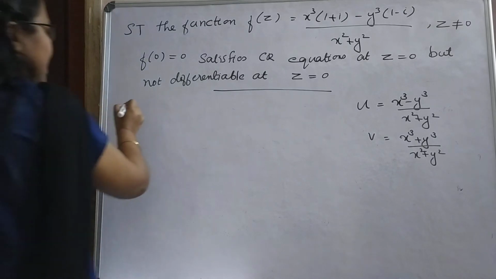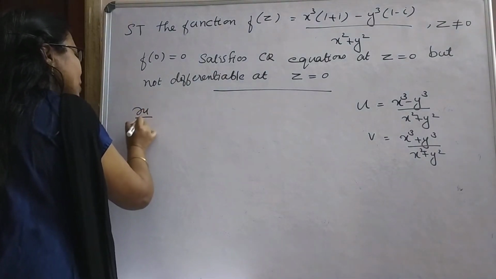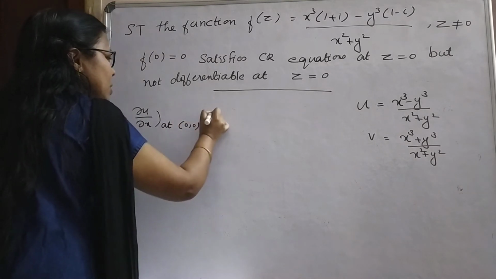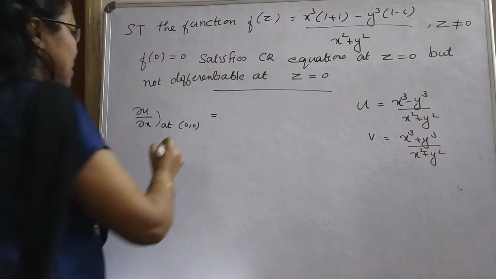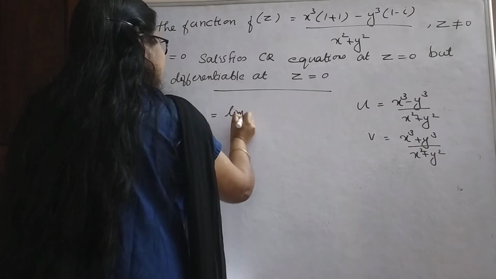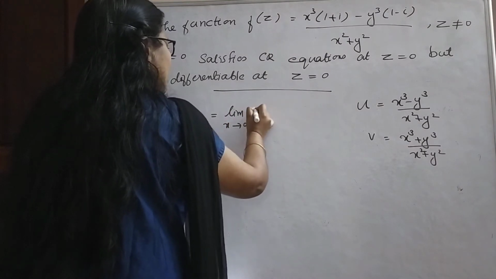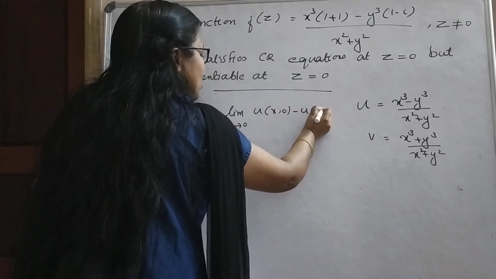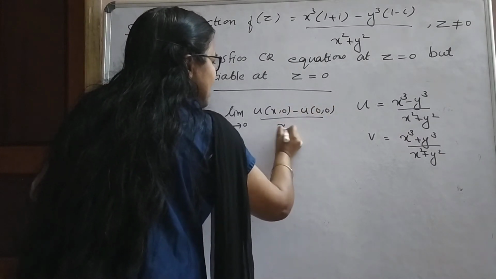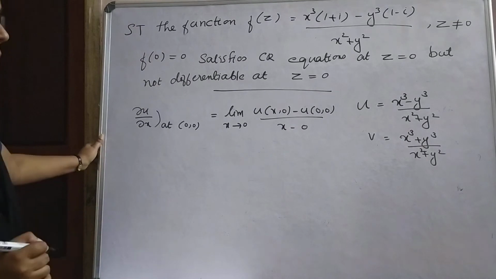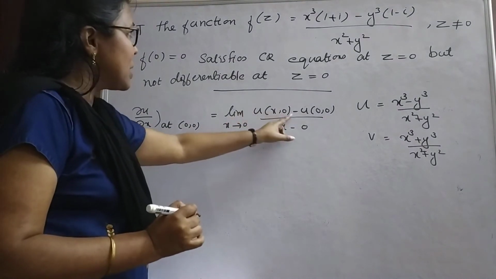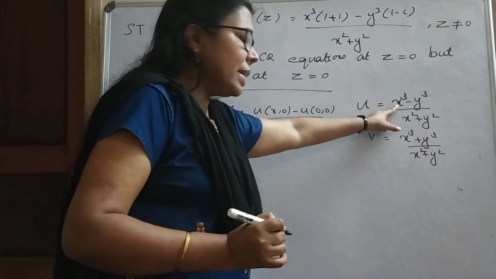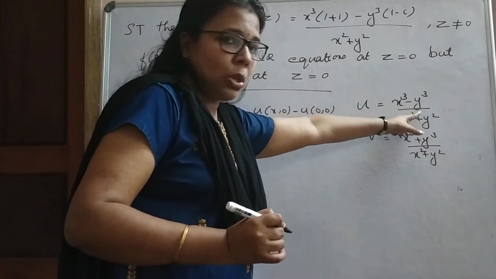Now we have to find ∂u/∂x at (0, 0). The formula for it is limit x tending to 0, [u(x, 0) − u(0, 0)] / (x − 0). u(x, 0) is, in u put x as x and y as 0.